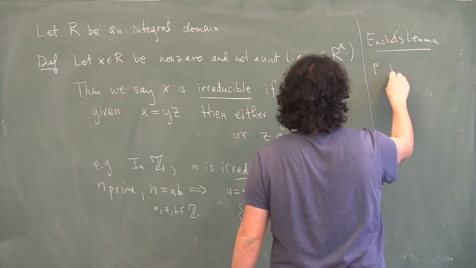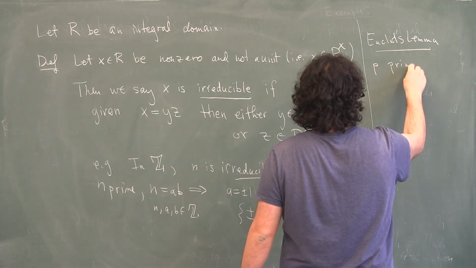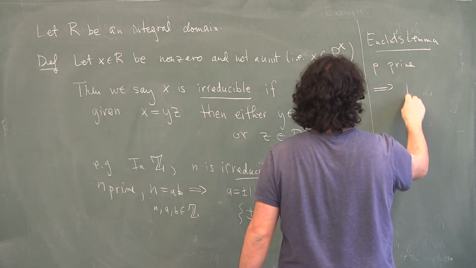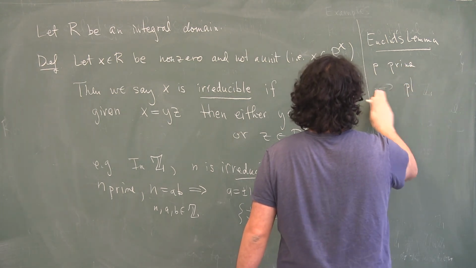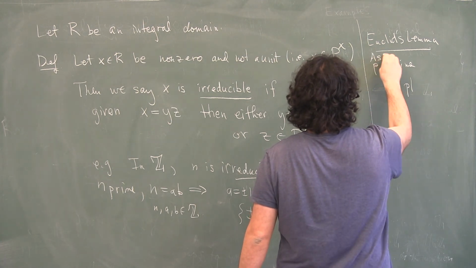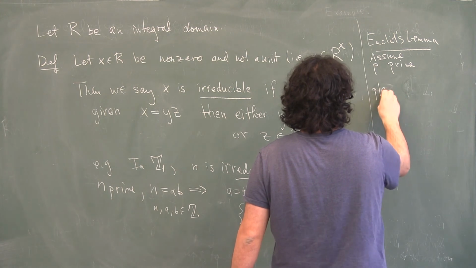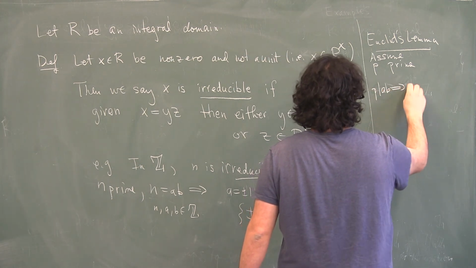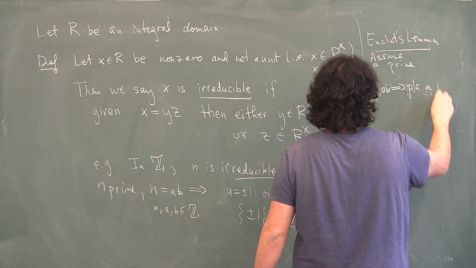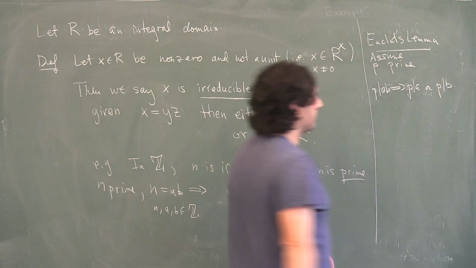It says if p is prime, and p divides ab, this implies that p divides a or p divides b. Okay?